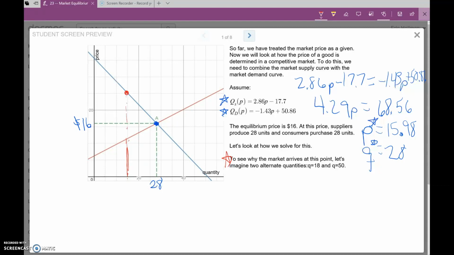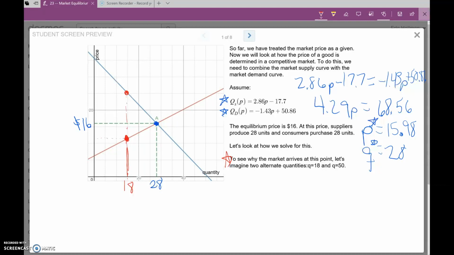If this was the quantity that producers were putting out there, they would be producing down here. Remember, the supply curve also represents marginal cost. So their cost would be way down here.